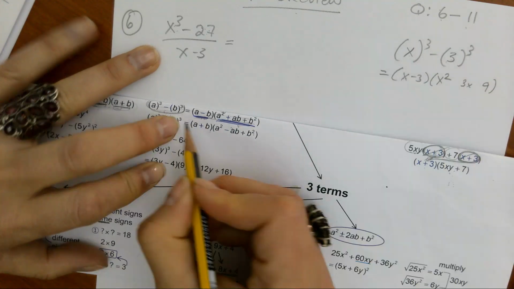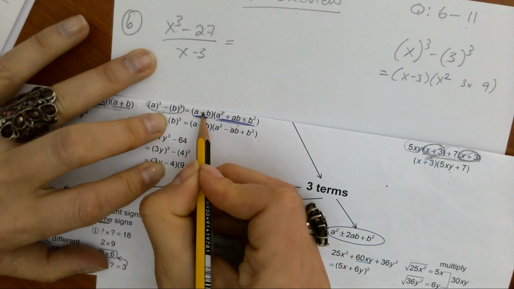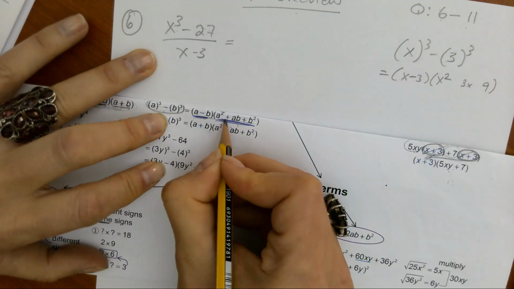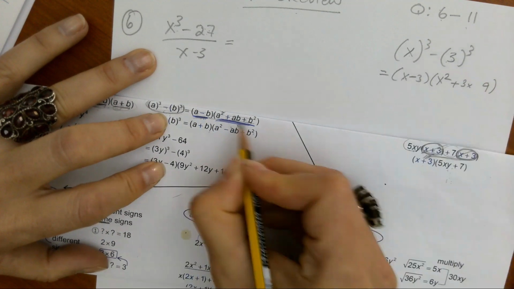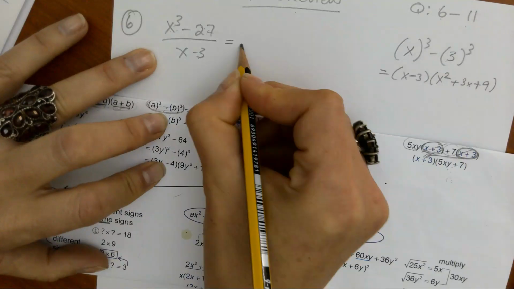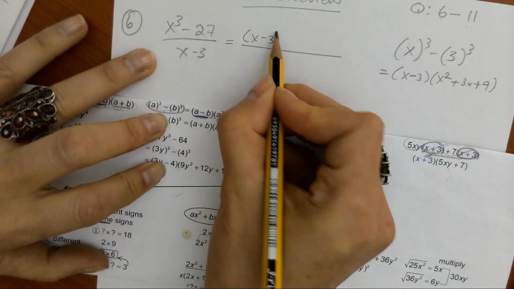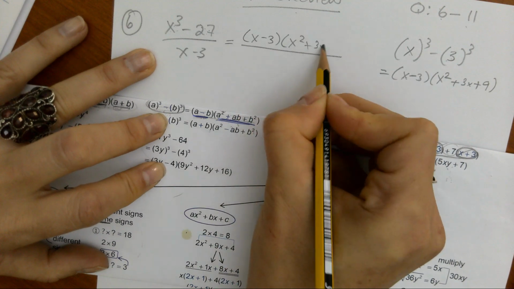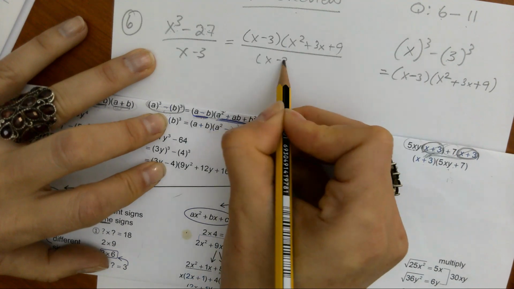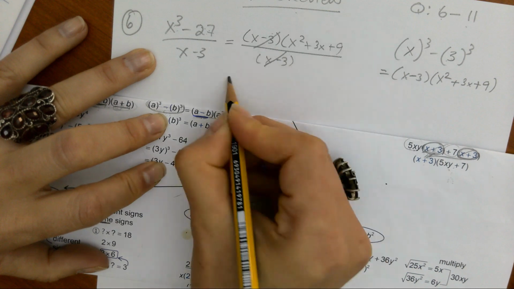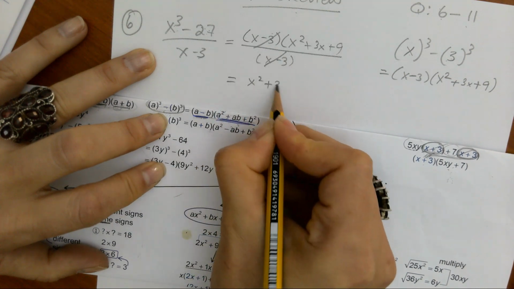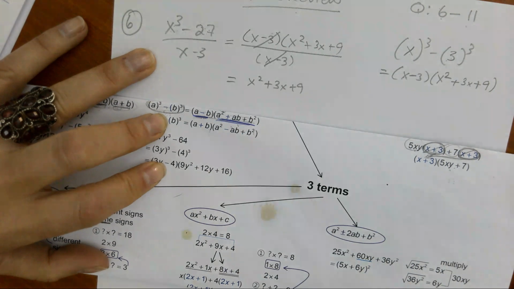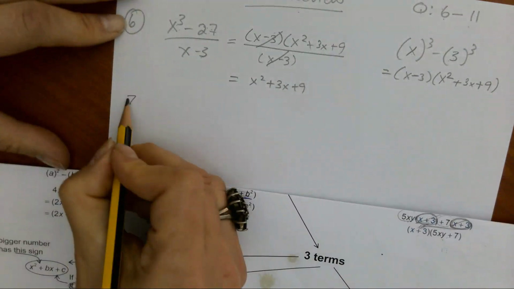Now, if the first one is minus, then that one is plus, and that one is plus. Now let's put this on the top. And you can see a same over same, and so that's just equal to that. Let's look at question 7.